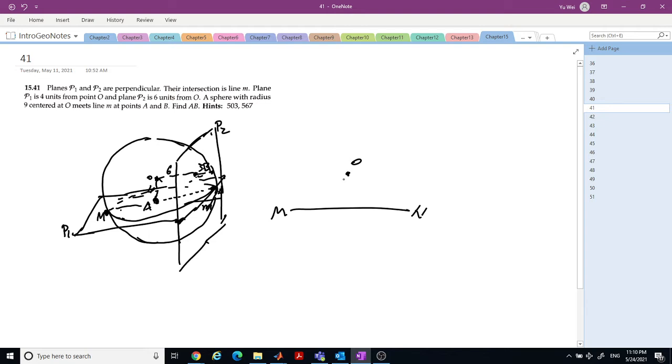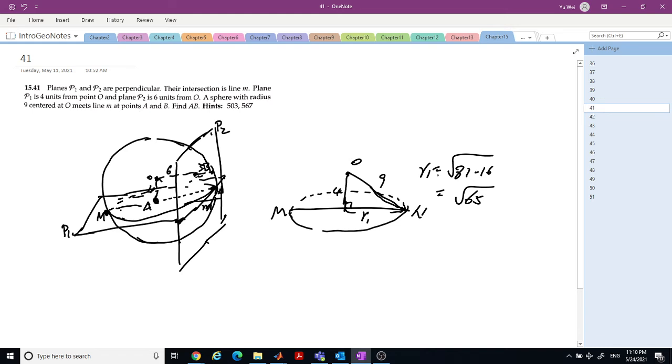And then we know here is a 4, and the radius is 9, right? So your cutting section is like a circle, so that's why we can solve the radius, right? So the radius R1 is equal to the root of 81 minus 16, so it's root 65.